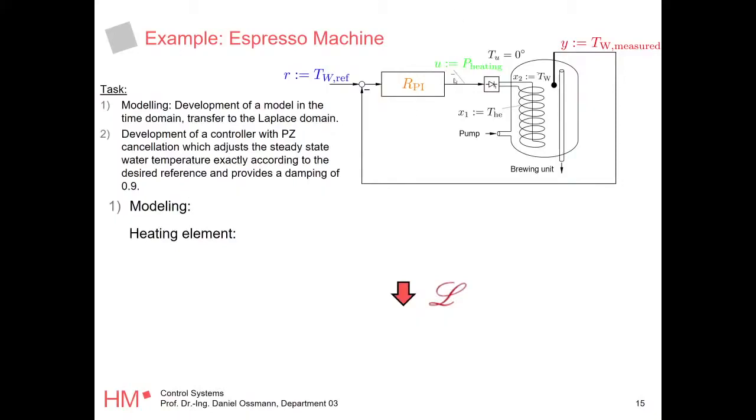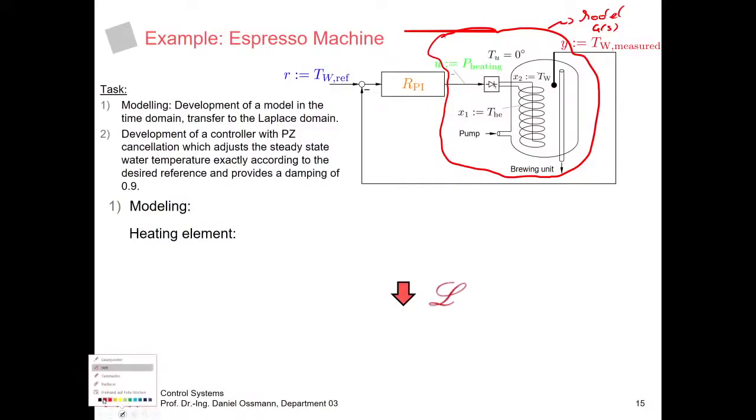So we want to have our espresso machine, which is this guy here, modeled. So this is our G of S, basically, right? So forget about the controller for a minute. We're going to use that later, and we're going to discuss that. Now we actually want to understand what this model is.